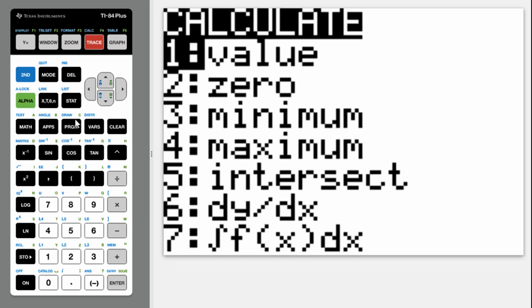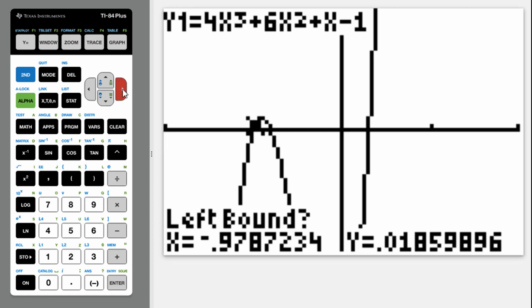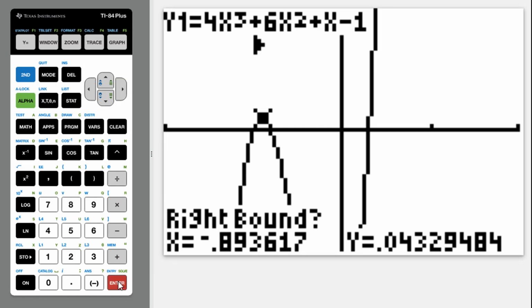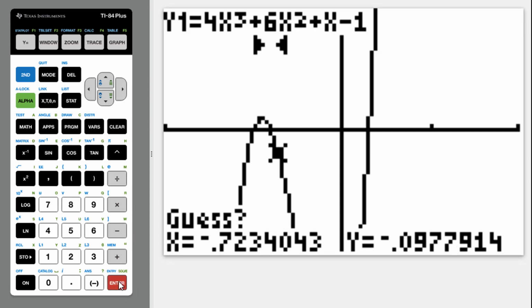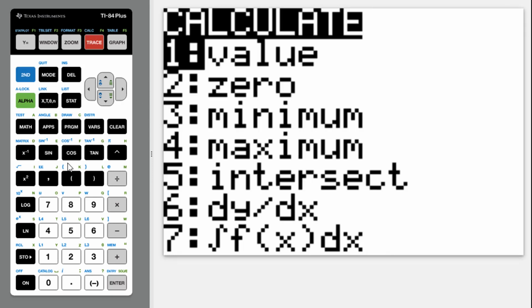Second trace, go to 2. Move, enter, then move, enter, enter. Your answer will be negative 0.809. Three-figure fix. Then second trace 2.